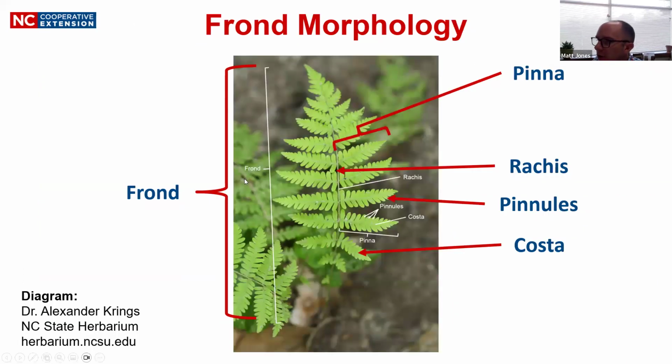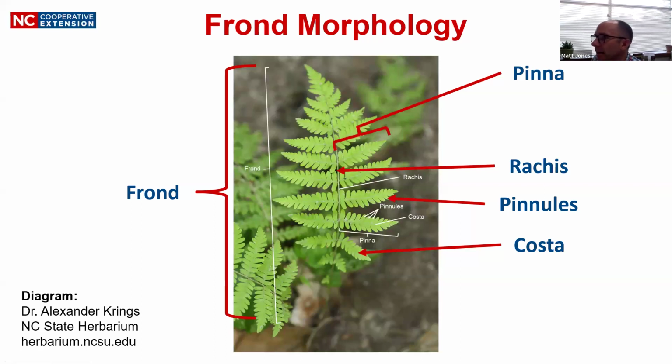But a single leaf unit is called a frond. And then that frond can be subdivided into smaller leaflet-like units. And the term for those smaller subdivisions of the leaf blade will vary depending on how much those subdivisions are divided.